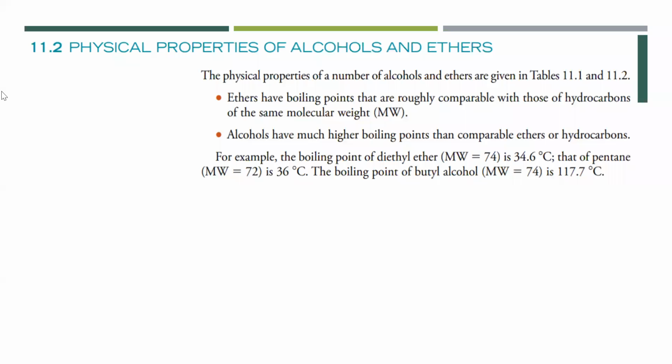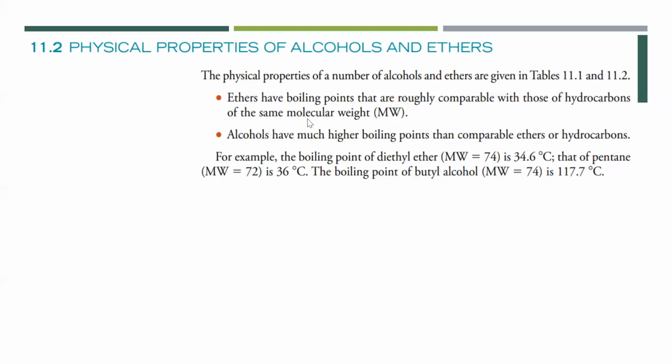So for example, if you have your diethyl ether, you have your CH3, CH2O, CH2, CH3, having a molecular weight of 74, the boiling point of diethyl ether is 34.6. And if you try to compare that with pentane, having a close molecular weight of 72, the boiling point is 36.